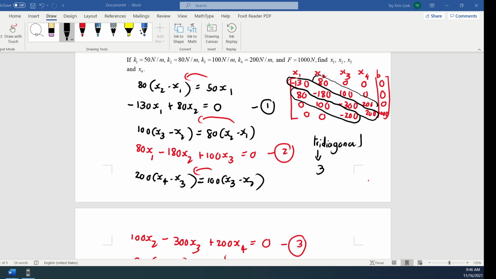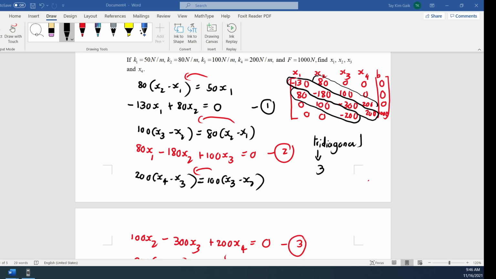In this case, if you solve Gauss elimination with pivoting, no need to swap for the first column, because when you take the magnitude of A11, this is already maximum. So you can always solve using Gauss elimination. Since this is tridiagonal, you can solve it using the Thomas method.